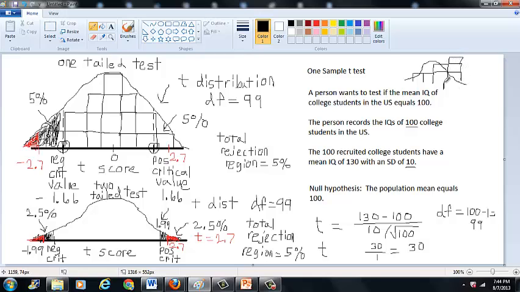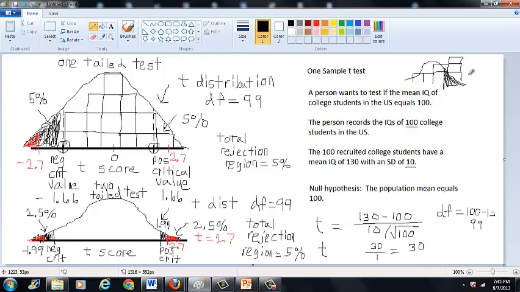But if you ask the computer to calculate a p-value, it's going to use the curve, and it's going to calculate the percent of outcomes or samples beyond your t-score under the curve, and it's not going to include these up here.